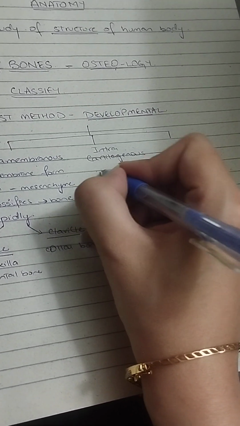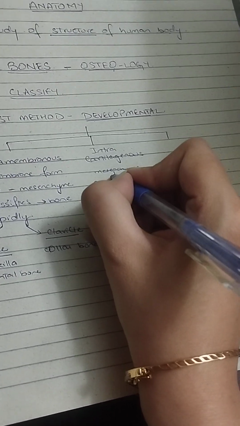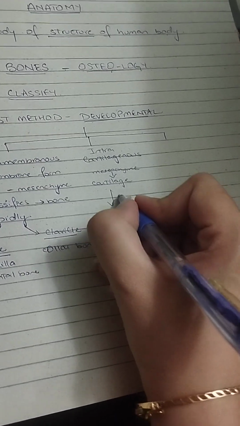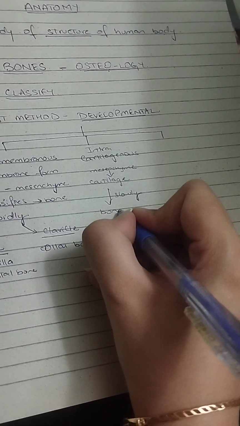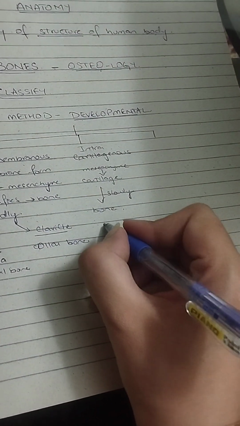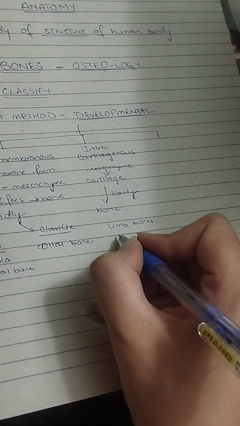Over here, the mesenchyme, which is the embryonic precursor of a bone, is going to transform into a cartilage, and that cartilage will slowly ossify into a bone. This is a very typical example for our limb bones, for example, our femur.